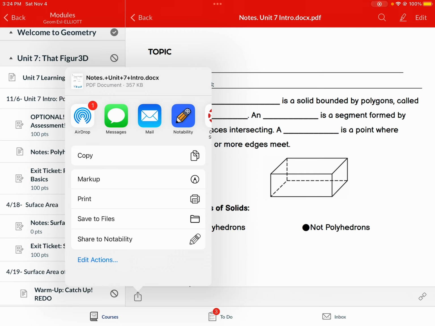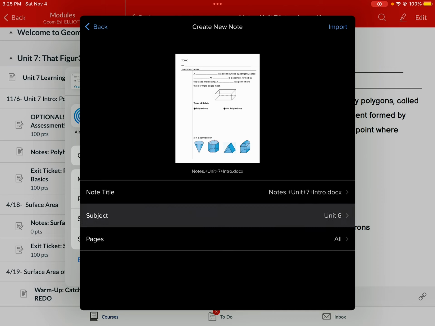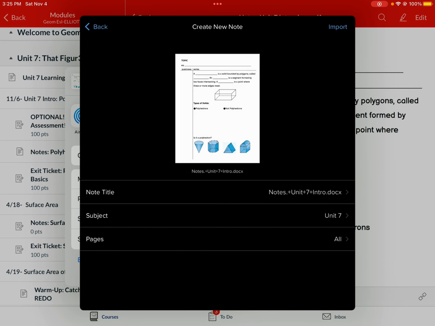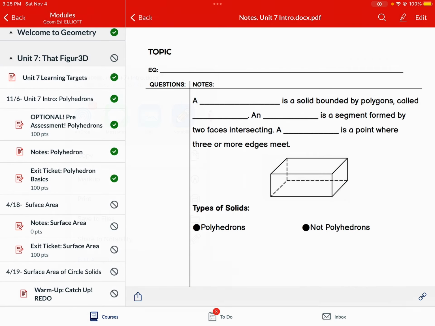Today we're kicking off Unit 7, and we are going to learn about polyhedrons. What is a polyhedron? That is our goal for today.